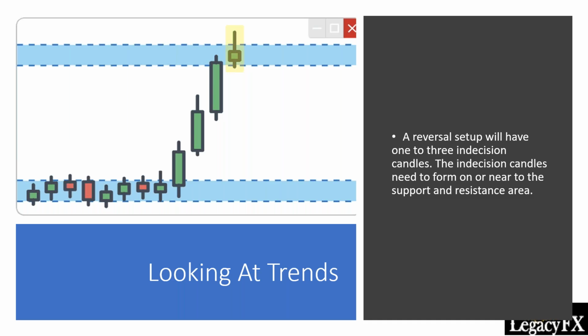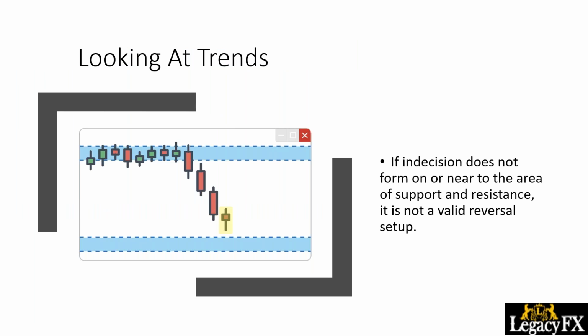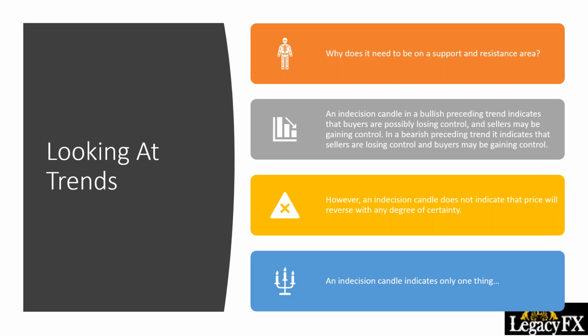We get an indecision candle. It needs to form on or near the support or resistance area. If the indecision candle does not form on or near the area of support or resistance, it's not a valid reversal setup. Just move on to something else. Why does it need to be on support or resistance? An indecision candle and a bullish preceding trend indicates that buyers are possibly losing control.